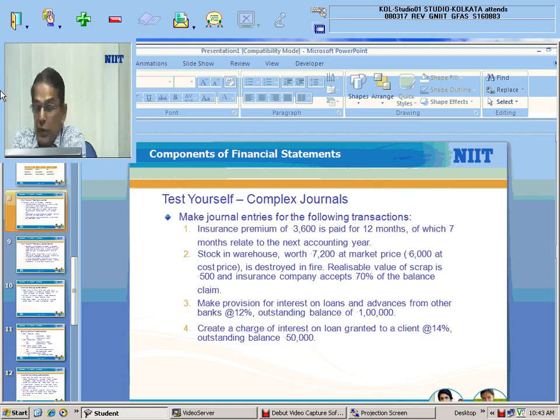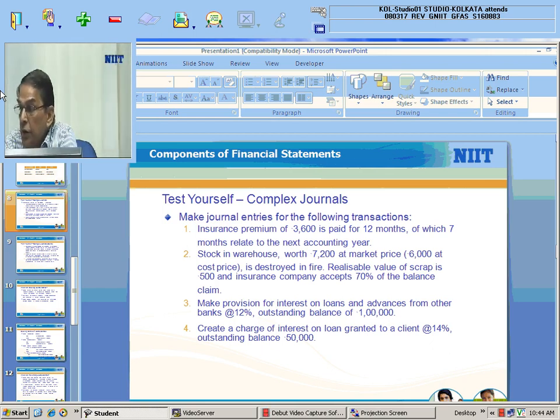So we look at some of the journal entries, and try to see, for each transaction, which accounts are involved, which account should be debited with the amount and which should be credited.